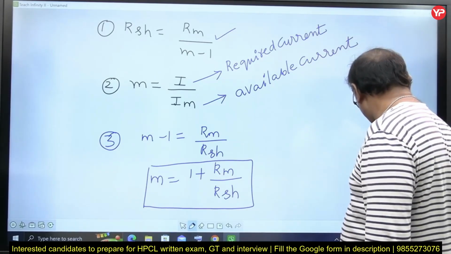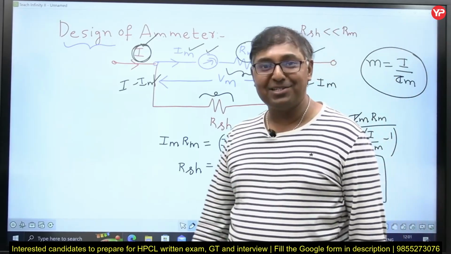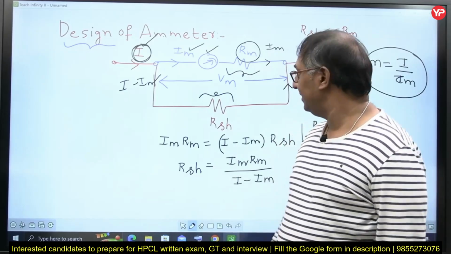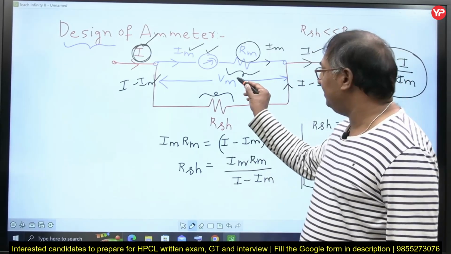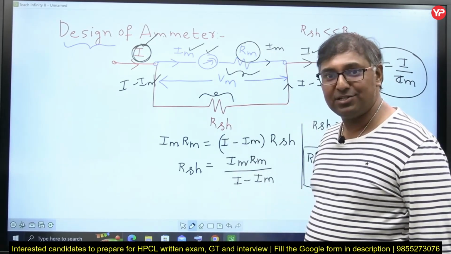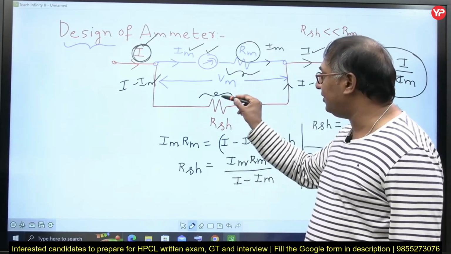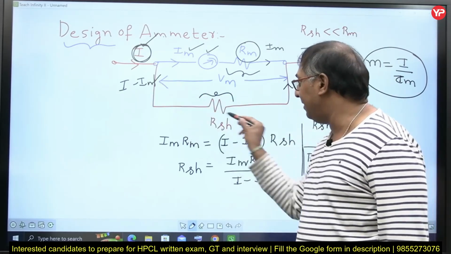Next, what more can we write? Let's go to the previous slide. What is VM? VM is IM into RM, which also equals I minus IM into RSH. Let us write that equation as number 4: VM equals IM into RM, which is also equal to I minus IM into RSH.